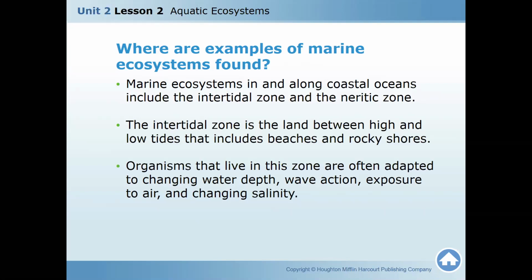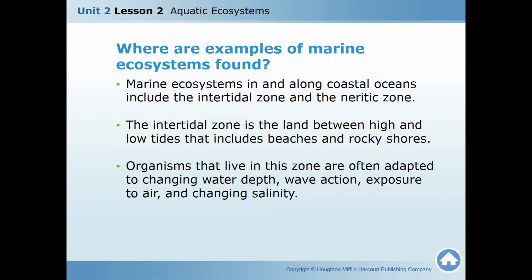For example, in the afternoon when I was standing near the seashore, the water was not there. But at the same place in the evening, the tide becomes high and the water comes near the seashore. So the land where you can see water at night and in the morning there is no water, that wet area, is called the intertidal zone.